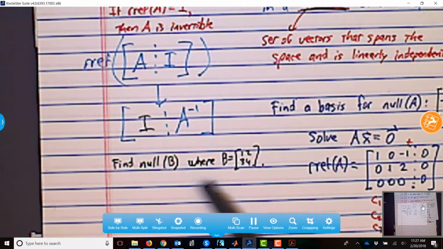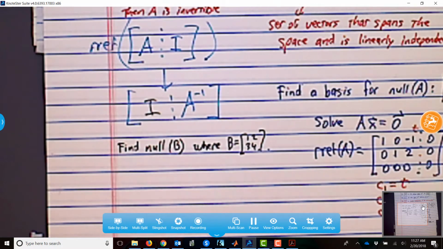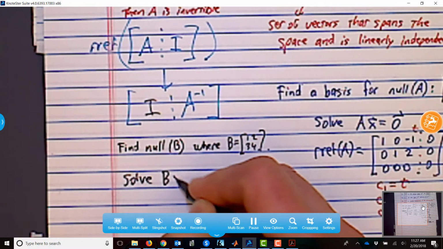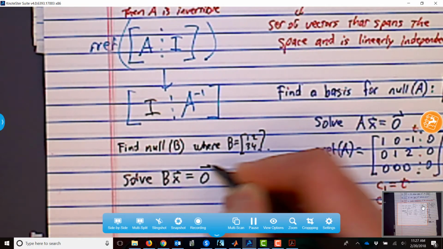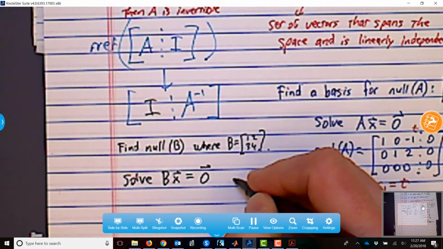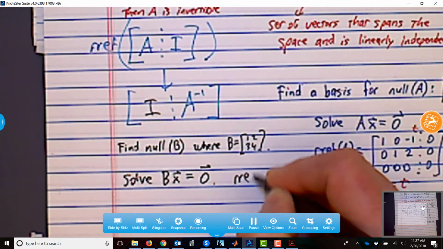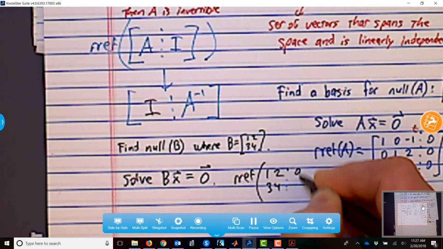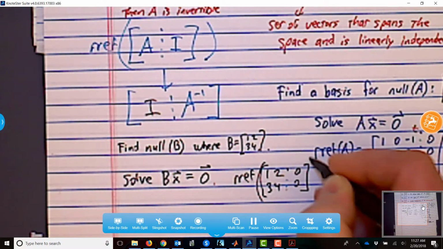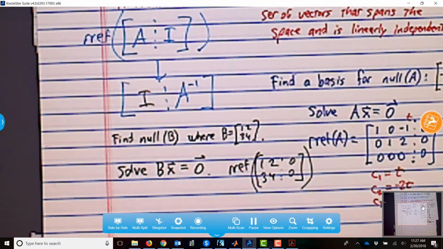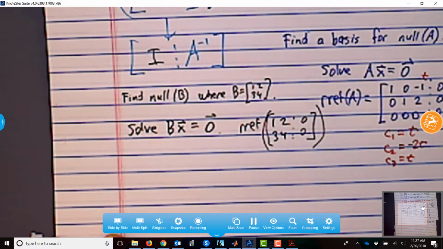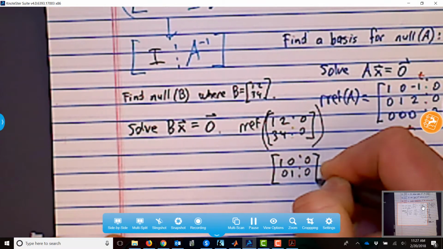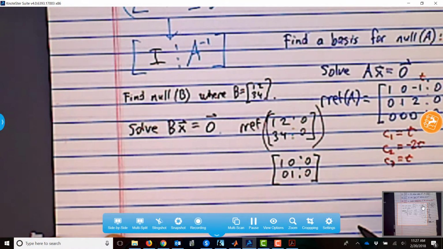If I say find the null space of B, what does that mean? It means basically solve the equation Bx equals the 0 vector, right? So you could row reduce 1, 2, 3, 4 augmented with 0, 0. But if you did that, what would you get? You'd get the identity matrix next to 0, 0. And what does that mean?